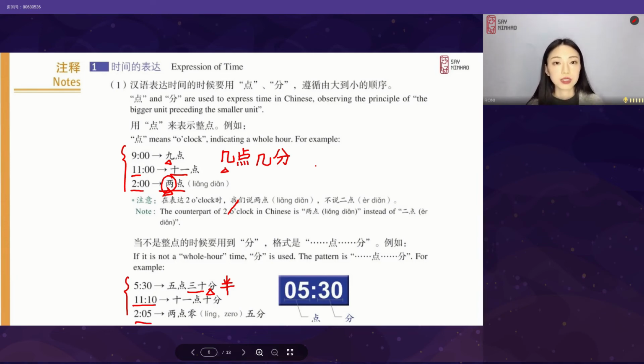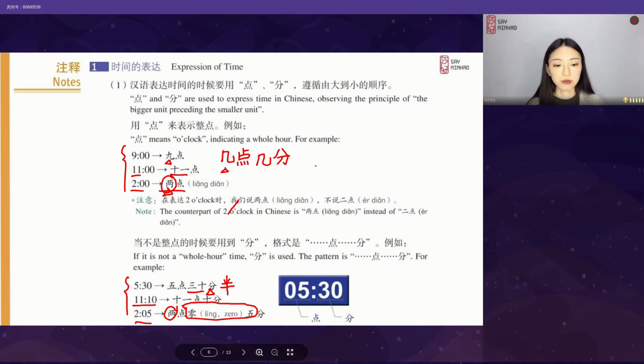The next one, 5 minutes past 2. So we will still say the bigger unit, the hour, first, and then the minute, which is 2点. Okay, 2点, still 2 not 2. And the minute is 5分. But in this situation, we will say 05 instead of 5. 2点05分.